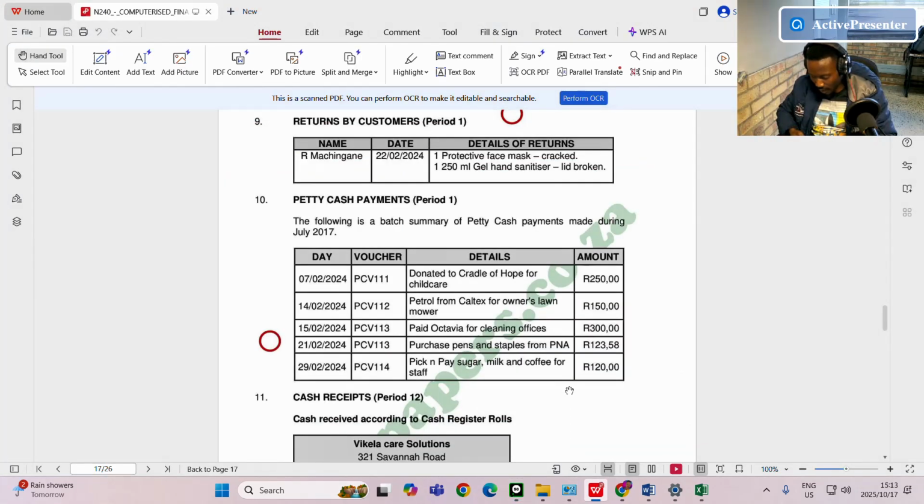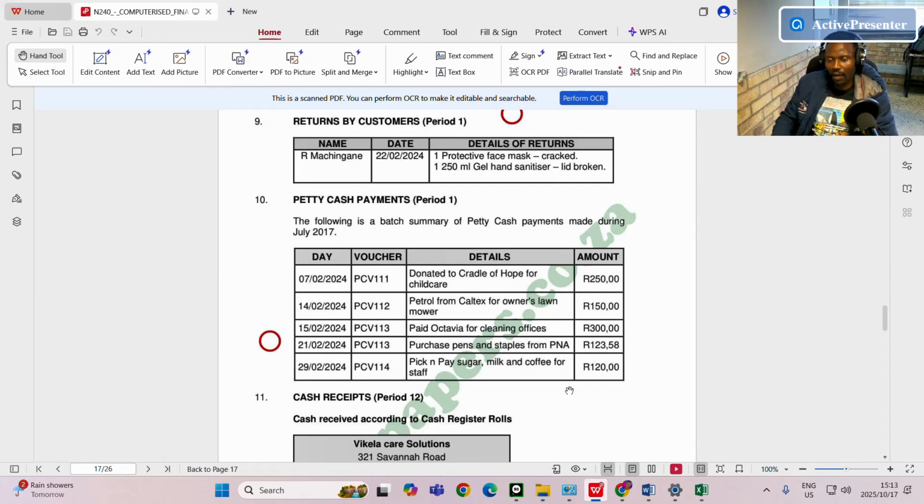So obviously I'll be using the question paper that's in front of me instead of the one on the screen. I'll be using the one on the screen to explain certain concepts.